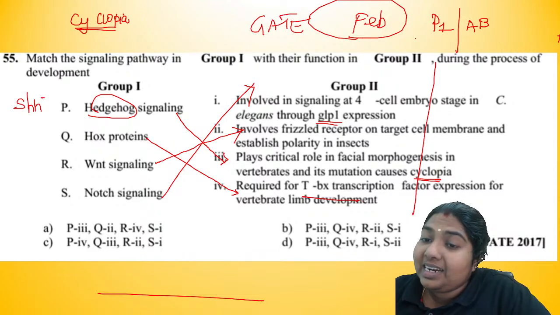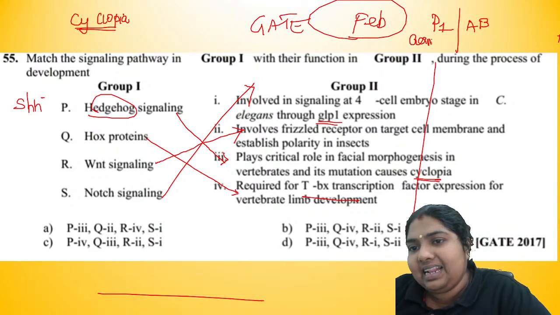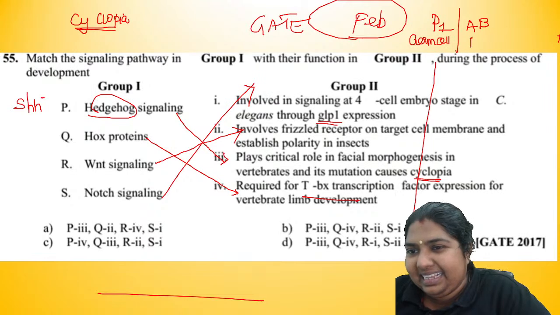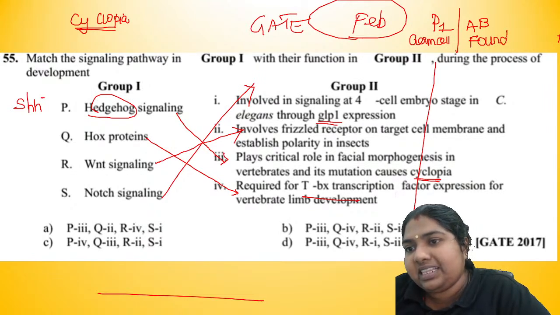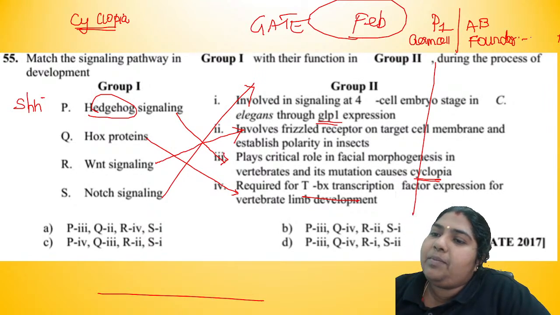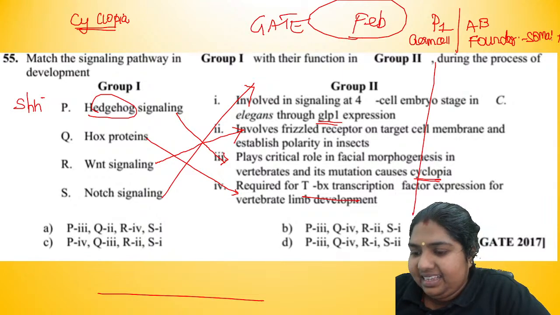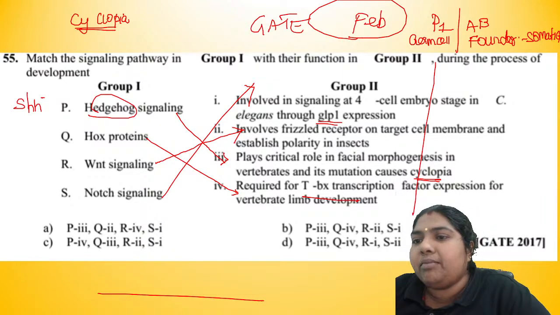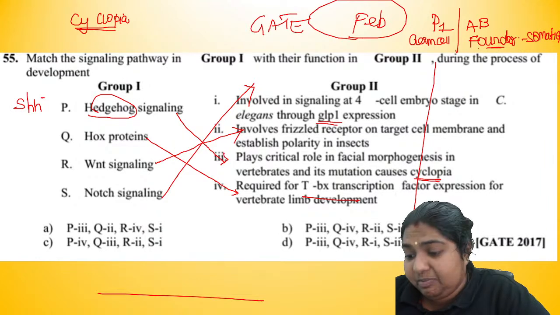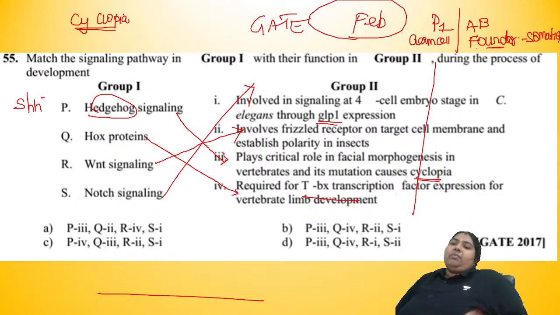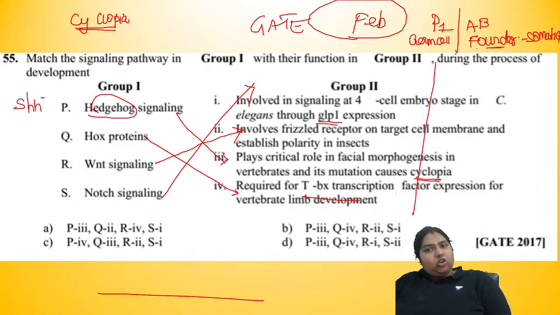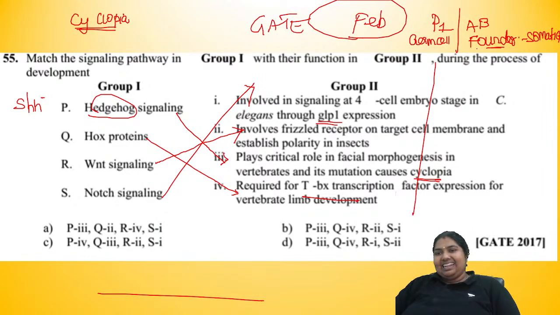No, P1 is a germ cell. The name is what misleads. AB is the founder cell. AB is actually somatic, but they have named it a founder. This always tricks us because we remember that a founder is like a stem cell. No, here the founder is the somatic cell. Only P1 is the germ cell.